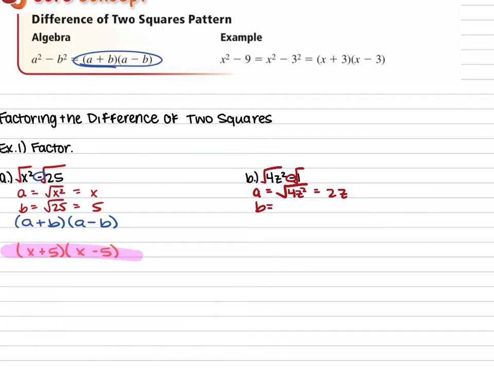I can take the square root of that 1, which is just 1. So again, I'm going to use the difference of squares formula. So a plus b times a minus b. I plug in my values. This is going to give us 2z plus 1 times 2z minus 1.